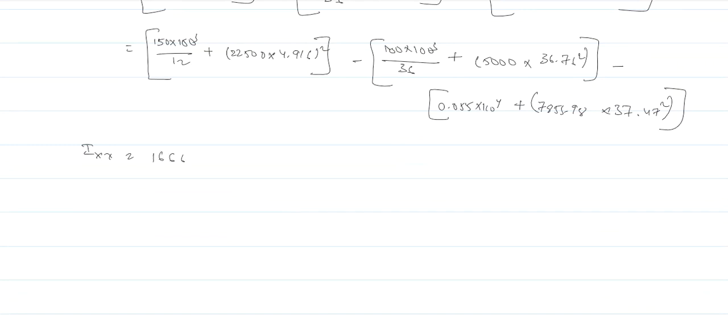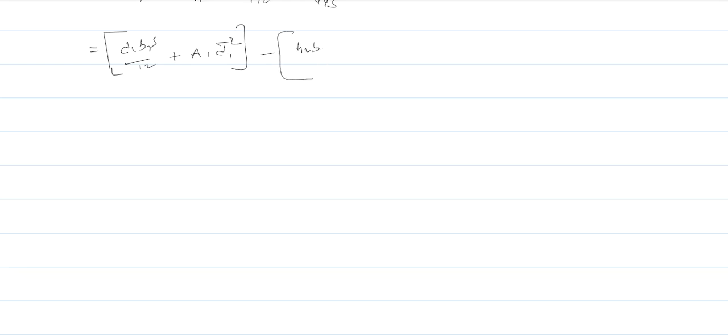So if you substitute all the values, you will get Ixx is equal to 1666998 mm power 4. Similarly, moment of inertia about Iyy, I mean yy axis. So Iyy is equal to Iyy1 minus Iyy2 minus Iyy3. Iyy1 is d1 b1 cube by 12 plus a1 d1 bar square minus Iyy2 is nothing but h2 b2 cube by 36 plus a2 d2 bar square minus 0.055 r power 4 plus a3 d3 bar square.